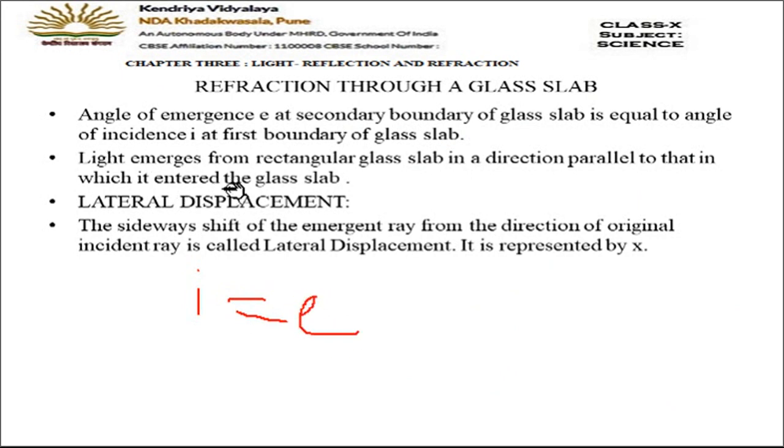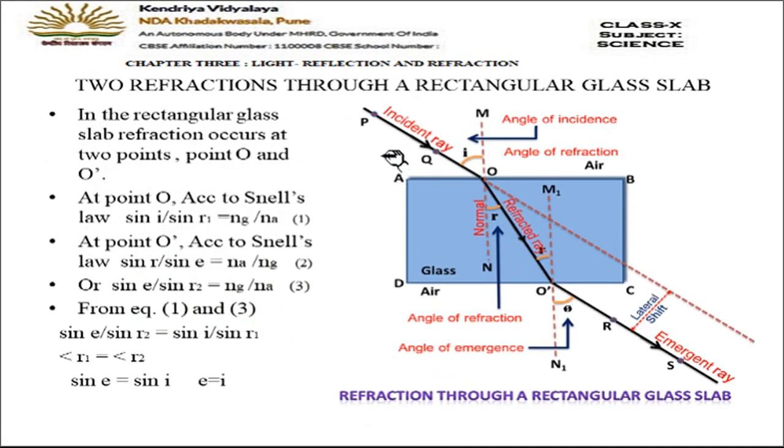Light emerges from a rectangular glass slab in a direction parallel to that in which it entered the glass slab. So this incident ray would have gone like this, but due to change in the medium it has refracted. But the emergent ray finally coming out is parallel to the incident ray. And this deviation of the incident ray from its original path is called the lateral displacement.